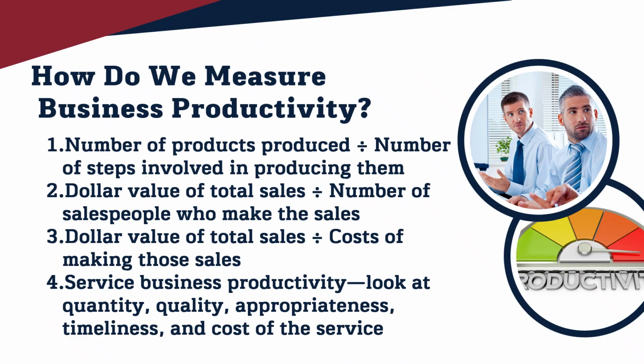Businesses measure productivity by the number of products produced divided by the number of steps involved in producing them, the dollar value of total sales divided by the number of salespeople who make the sales, the dollar value of total sales divided by the cost of making those sales, so product plus salary. Service business productivity looks at quantity, quality, appropriateness, timeliness, and the cost of service.